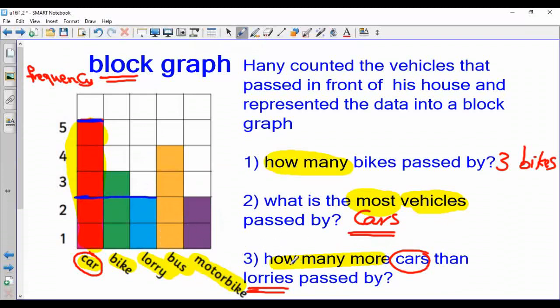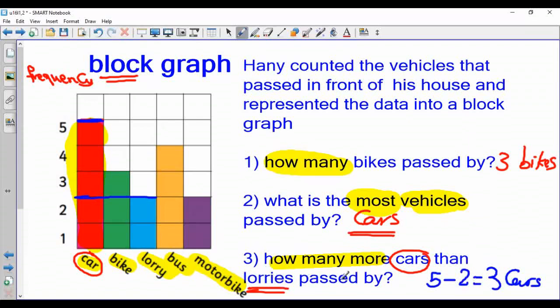How many more? I will do subtraction. So 5 minus 2 equals 3. So there are 3 more cars that passed by than lorries.